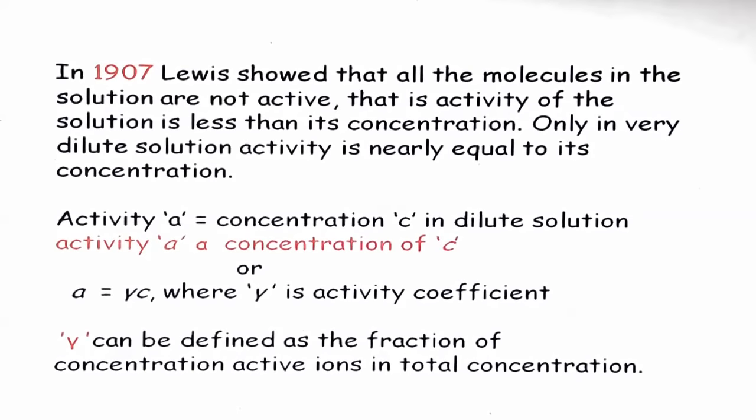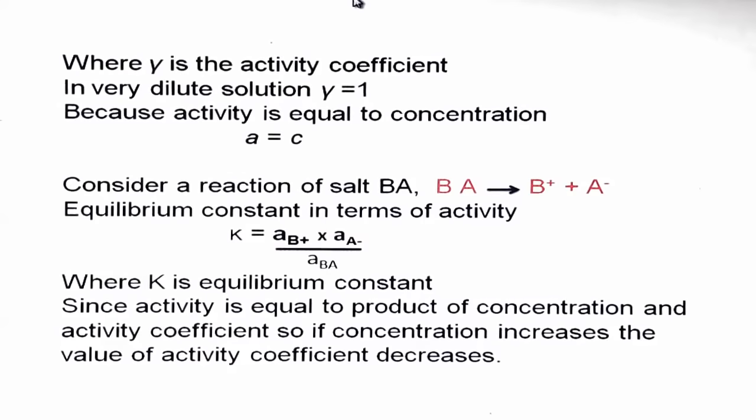For a very dilute solution, whatever the concentration, the activity of that solution will be equal to it, so the activity coefficient gamma will be 1. This is because activity is equal to concentration in a very dilute solution, which can act as an ideal solution.